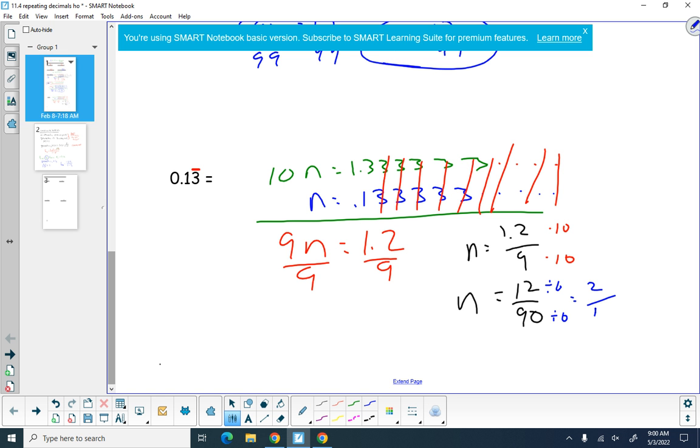So we have 2 over 15. If we take 2 divided by 15 in our calculator, do I get 0.1333333 and so on? Yep. So sometimes when they don't quite match up, you might have to do some additional work.